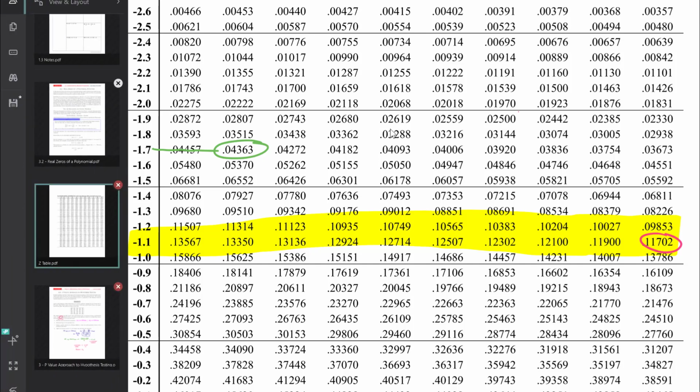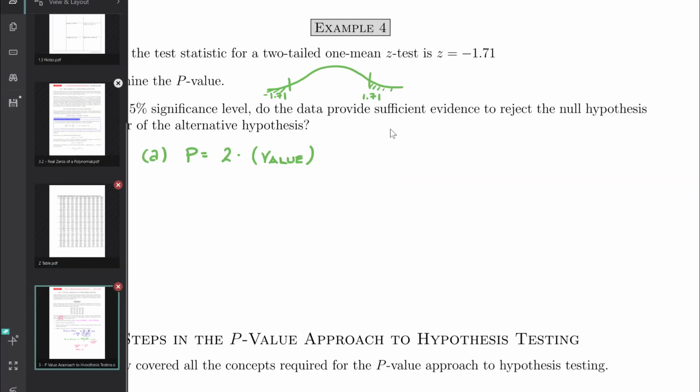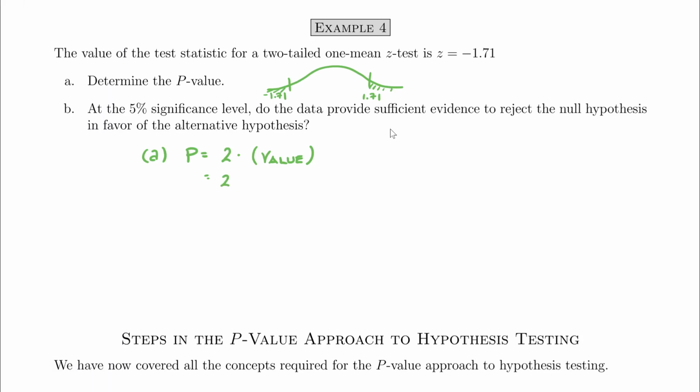So we'll go back to our notes. And we're going to get 2 times 0.0436, which is going to be equal to 0.0872. So there's our p-value. Simply multiplying that negative side by 2 will generate both areas that we're looking at.